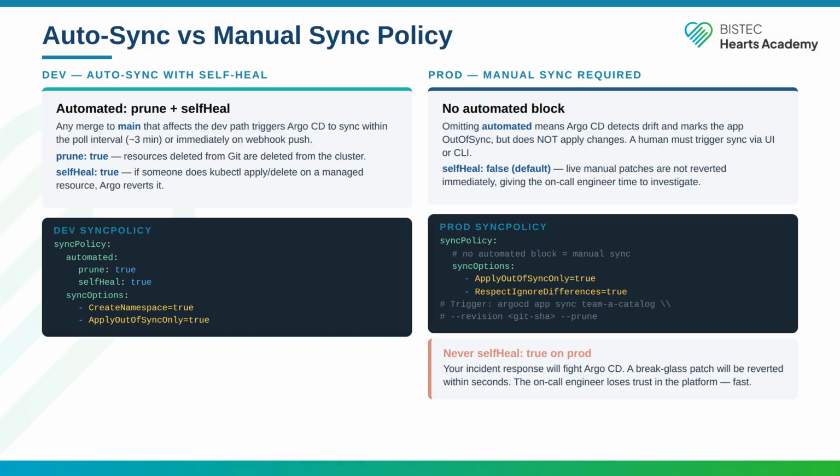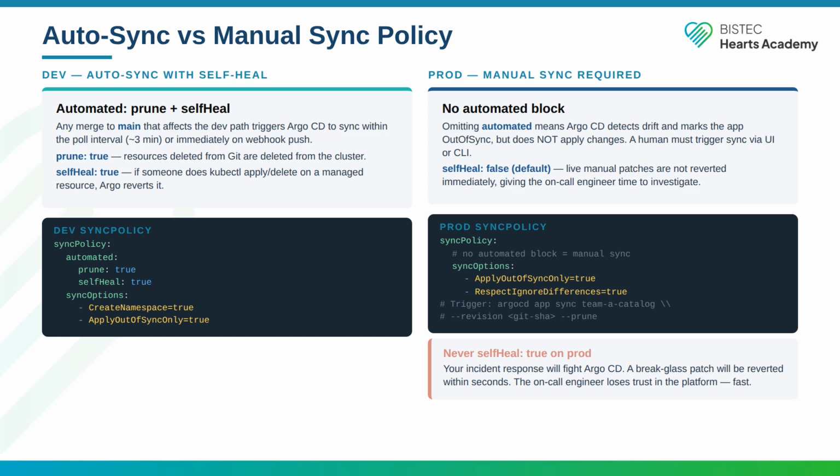The sync policy setting is one of the most operationally consequential decisions in Argo CD, and the correct answer is different per environment. For development, automated sync with prune and self-heal is the right choice. Prune means resources deleted from Git are deleted from the cluster. Self-heal means if someone manually modifies a resource in the cluster, Argo CD reverts it within seconds.